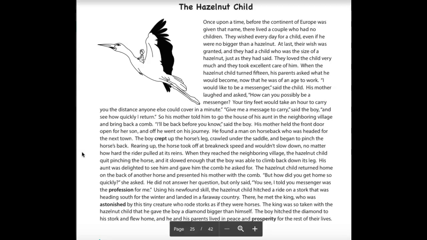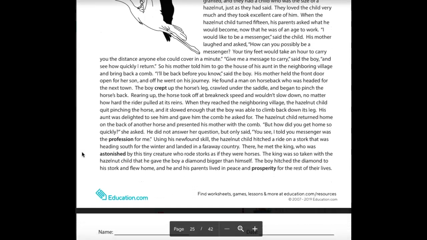When they reached the neighboring village, the hazelnut child quit pinching the horse, and it slowed enough that the boy was able to climb back down his leg. His aunt was delighted to see him and gave him the comb he asked for. The hazelnut child returned home on the back of another horse and presented his mother with the comb. "But how did you get home so quickly?" she asked.